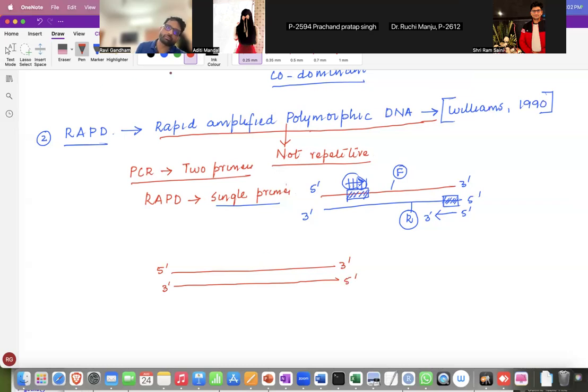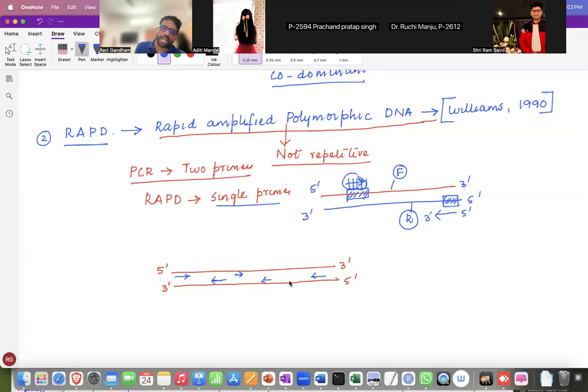Now, you are using one particular primer. Let us say this is binding here, this is binding here, this is also binding here, and this is also binding here. Not to confuse you so much, but this is also binding here.